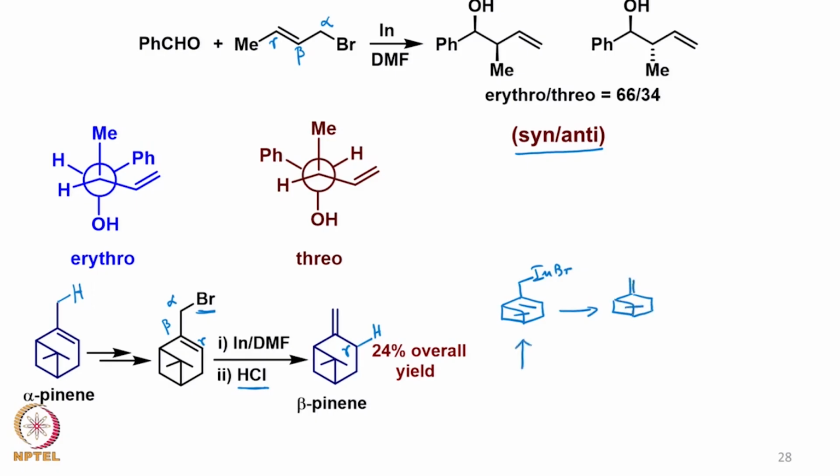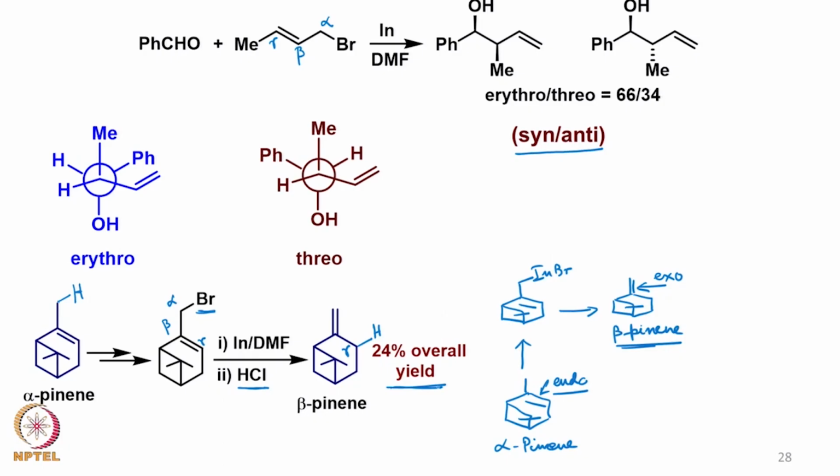So we start with this thermodynamically more stable product, which is alpha pinene, and we are getting beta pinene, in which the double bond is an exo double bond here. It is exo, whereas here it is an endo double bond. So this is more stable, whereas this is less stable, and therefore the yield is not very high, only 24%, but nevertheless this is a very useful conversion of alpha pinene to beta pinene.